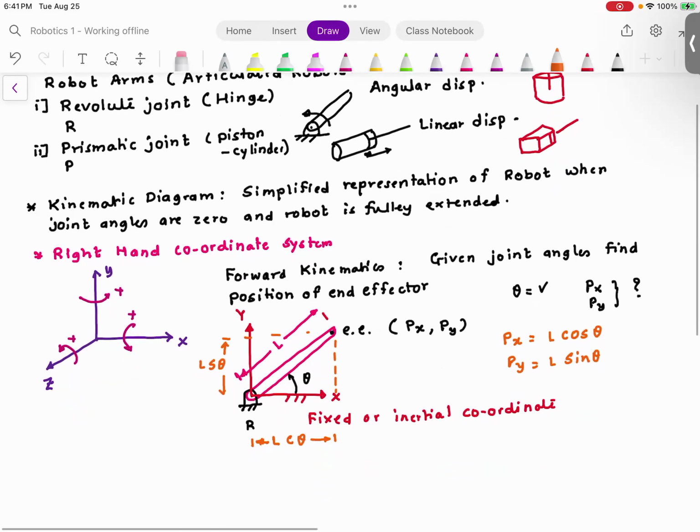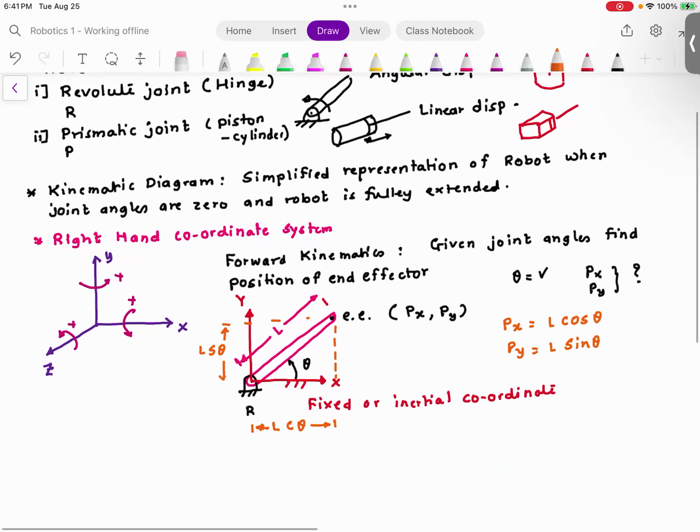Now this is the forward kinematics. What is inverse kinematics?